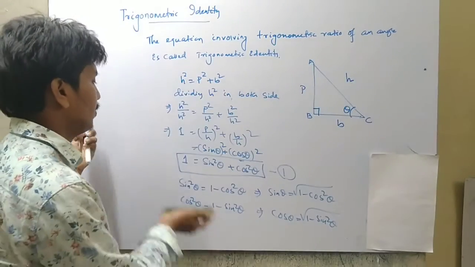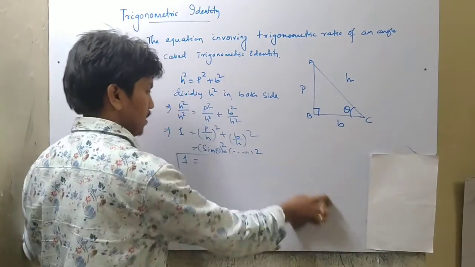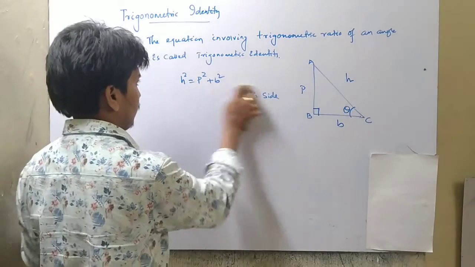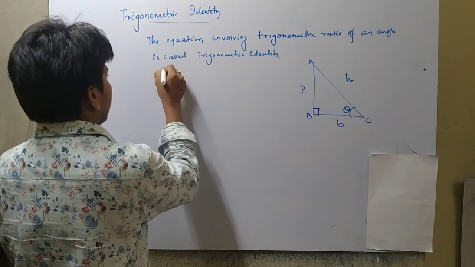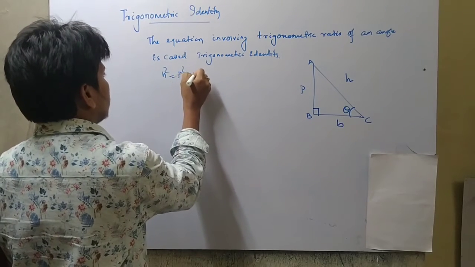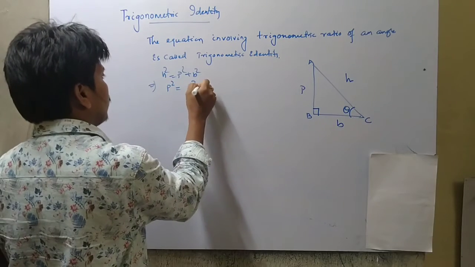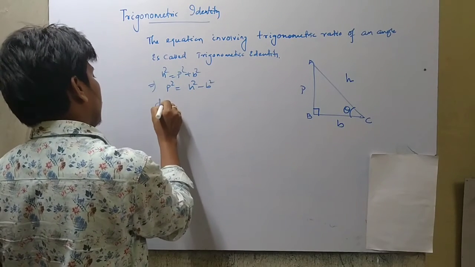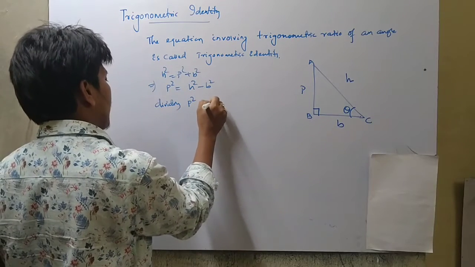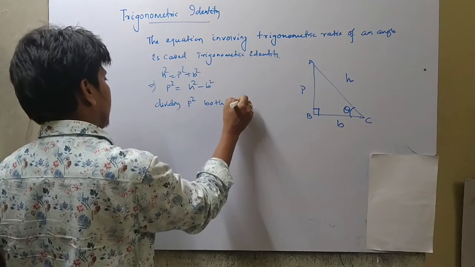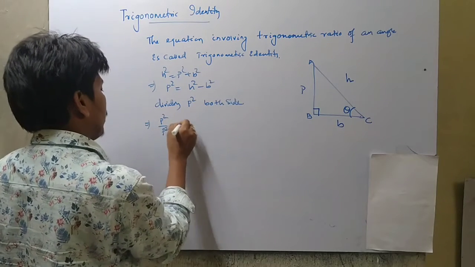This is the first formula; now the second formula. We know H square is equal to P square plus B square. Dividing by P square on both sides: H square by P square is equal to 1 plus B square by P square.